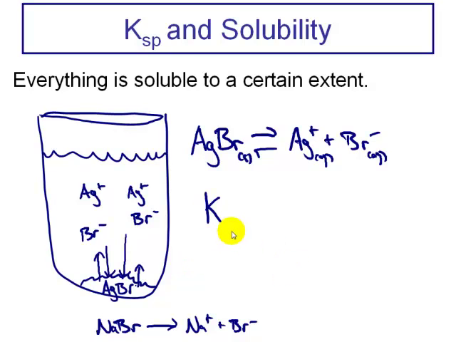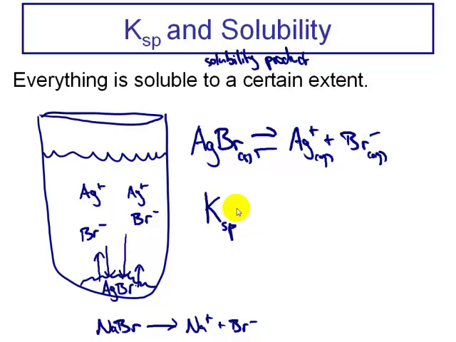This K has a special name, and it is called the solubility product constant, and the symbol is Ksp. Anytime you see Ksp, you know that's talking about the dissolution of a solid, or a solubility equilibrium, okay?